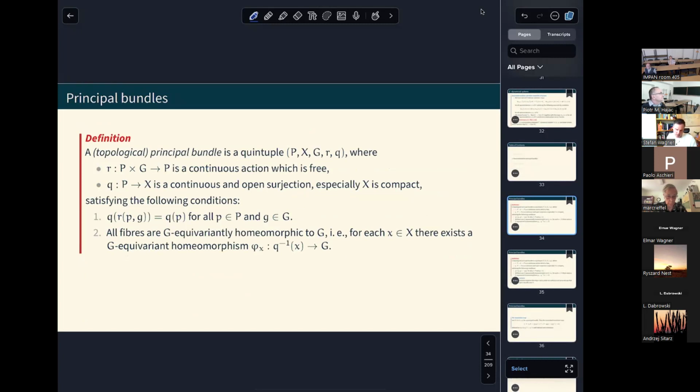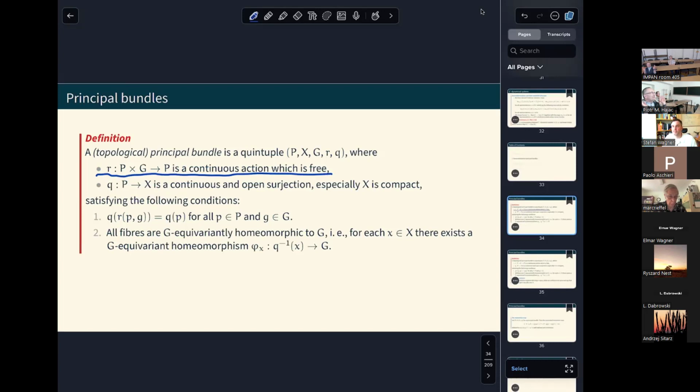You have a quintuple consisting of a compact Hausdorff space P, a space X, which will automatically be compact, a compact group G, and then you have these two maps R and Q, where R is a continuous action which is free, and Q is simply a continuous and open surjective map.